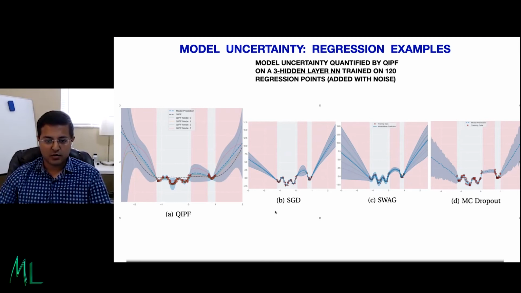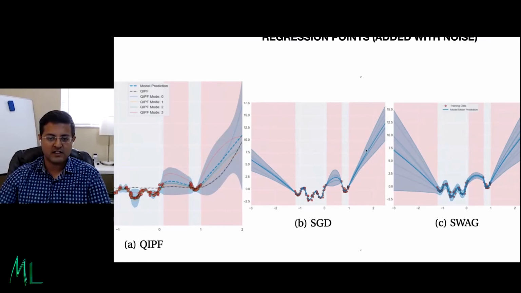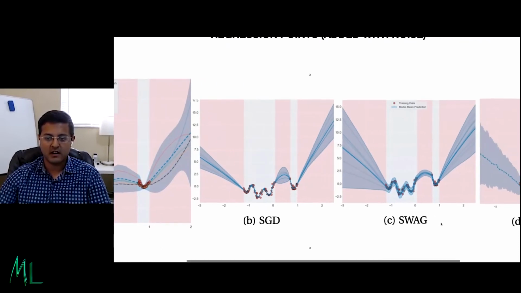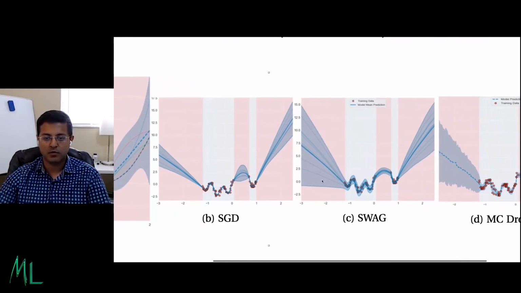Other methods, like SGD iterates and stochastic weight averaging using the Gaussian method, which is another top approximate Bayesian method, also try to do the same thing, but they are simply not as effective as QIPF. SGD does not extrapolate well outside of the training data. The SWAG method does not recognize the small untrained gap here, although it extrapolates well.